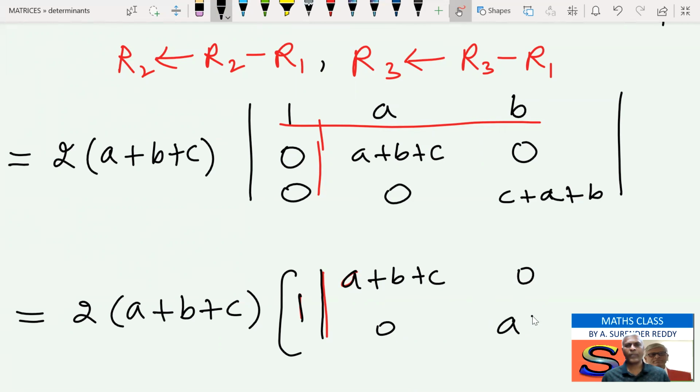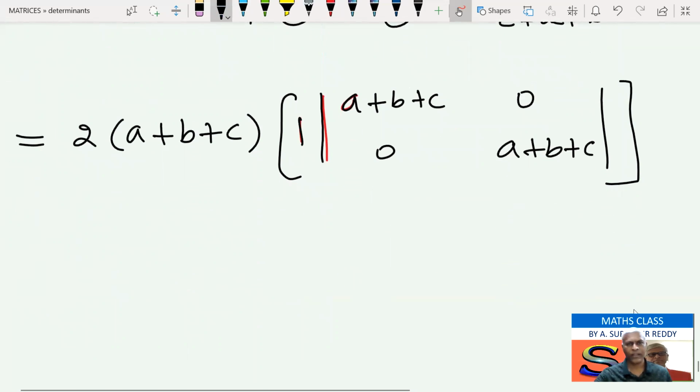This is also A plus B plus C. The remaining 2 elements are zeros, and 0 into anything will become 0. So in the determinant we take only the first one, 1 into its cofactor. The other 2 already become zeros, so we need not take them.